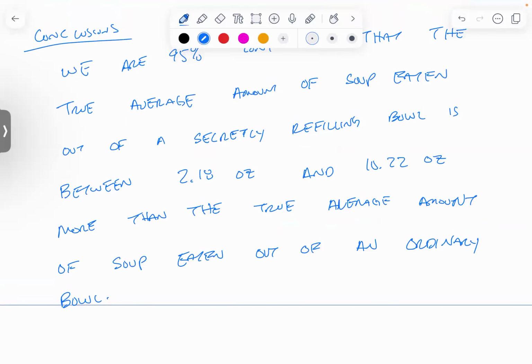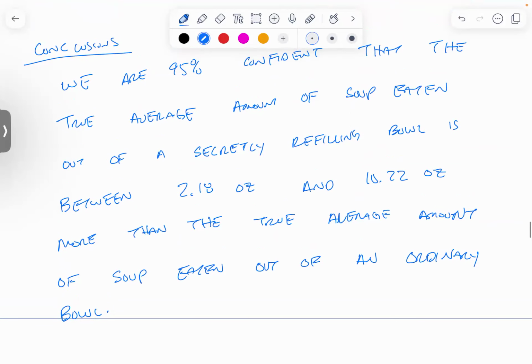One average, basically one average bigger than another average by an amount. That's all I'm saying here. All right. That's all this interpretation is, but that's actually a really strong interpretation, right? So what does this say about the mean amounts eaten? Well, secretly refilling bowls, basically we humans do need visual cues, okay?